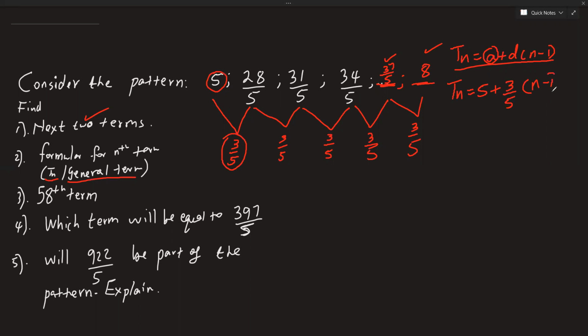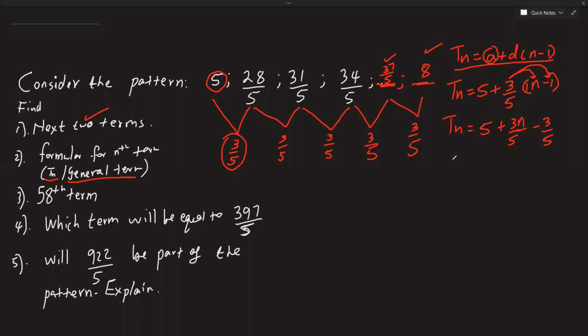Then we have n minus 1. Tn equals 5 plus 3 over 5 times the bracket, and we always need to expand the bracket: this multiplied by that, and this multiplied by that. Remember, there's an invisible 1, so 3 over 5 times 1 is still 3 over 5n. Then 3 over 5 multiplied by negative 1 is negative 3 over 5. I said 5 over 3 earlier, I'm sorry about that, it's 3 over 5.